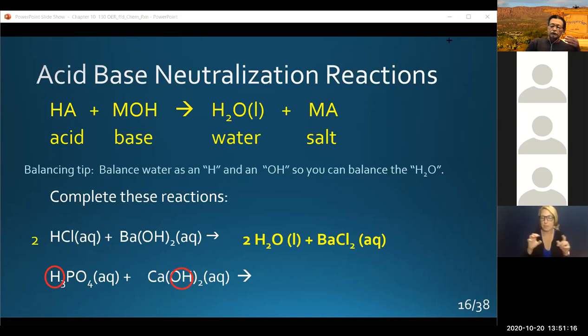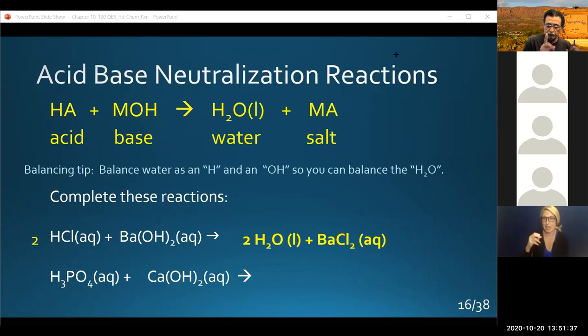When we try to balance it, what is the one thing I'm going to make all the time? Water, right? I'm going to make water every time a proton and a hydroxide react. So follow the protons and hydroxides.